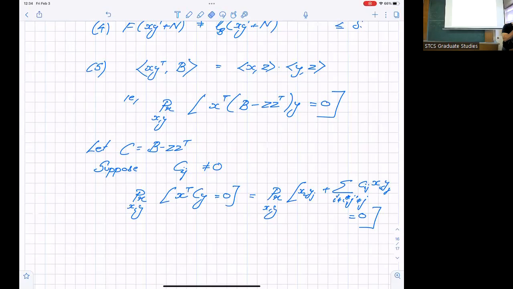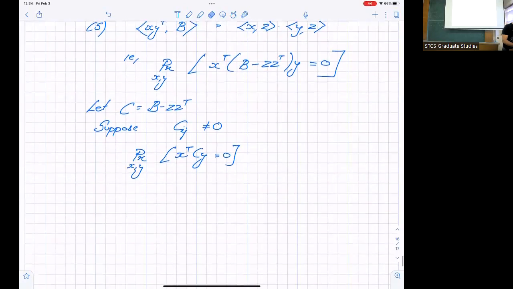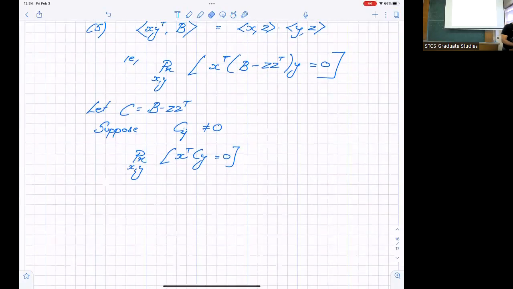Otherwise, okay, I'm going to say it this way. Possibly this is what we want to do. With probability half over the choice of y, Cy is a non-zero vector.